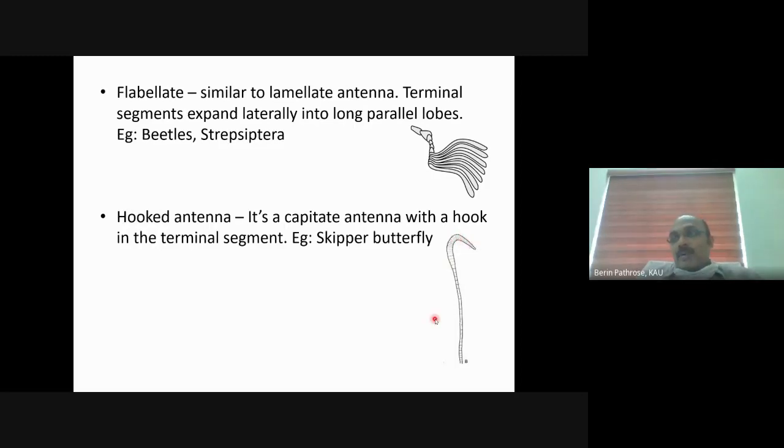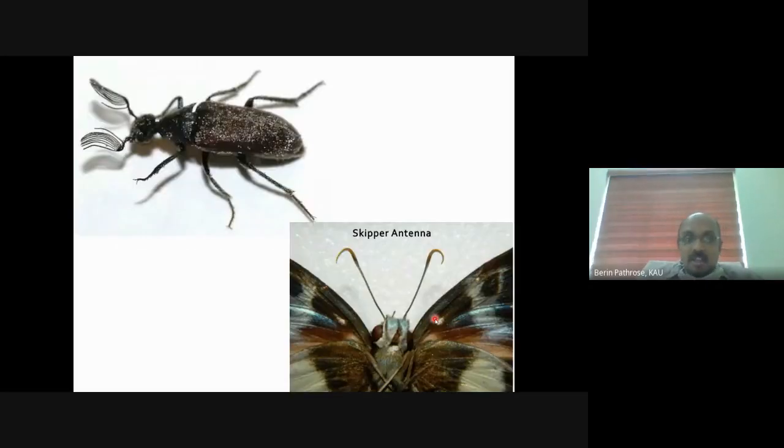It is a capitate antenna, but the terminal segments are modified into a hook-like structure. This is seen in skipper butterflies, which are pretty common in our area. So if you observe a butterfly with a hooked antenna, that is invariably a skipper butterfly.